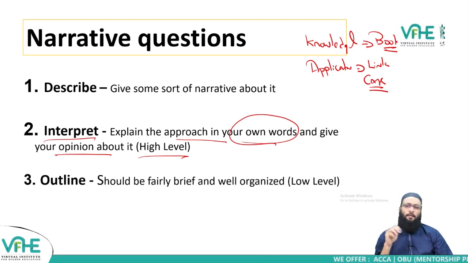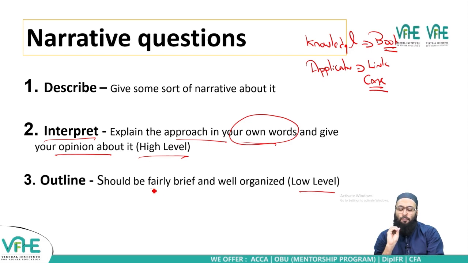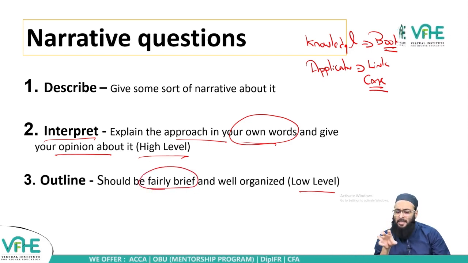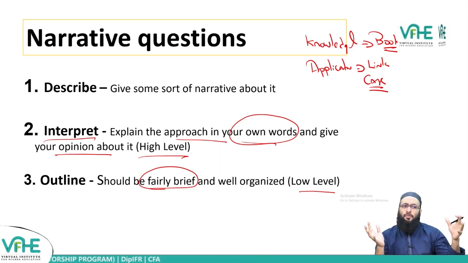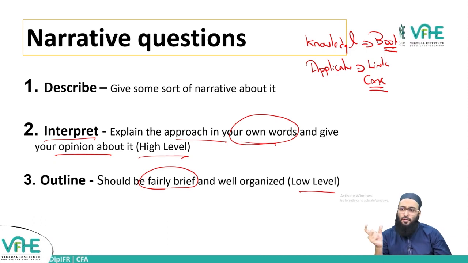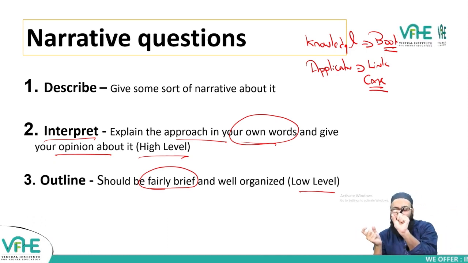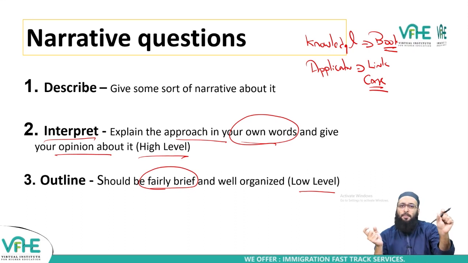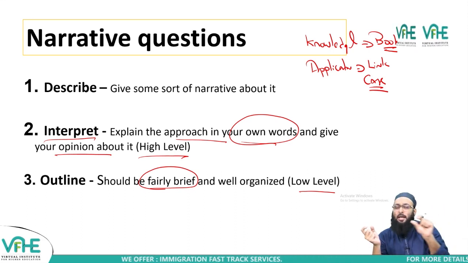Third, outline. Very simple. A low-level verb. It should be fairly brief and well organized. Outline the key stages of a budgetary control system, for example. So you just have to outline those, that's it, with simple, brief information: this is step number 1, this is step number 2, this is step number 3.